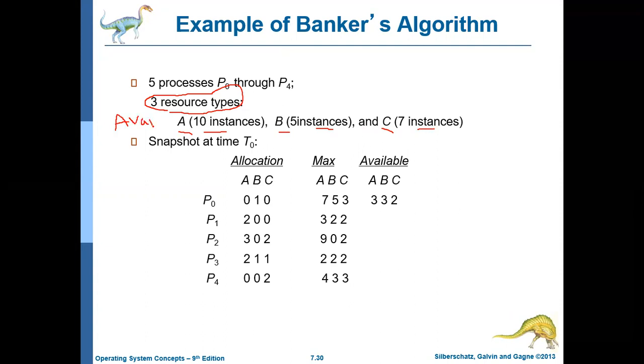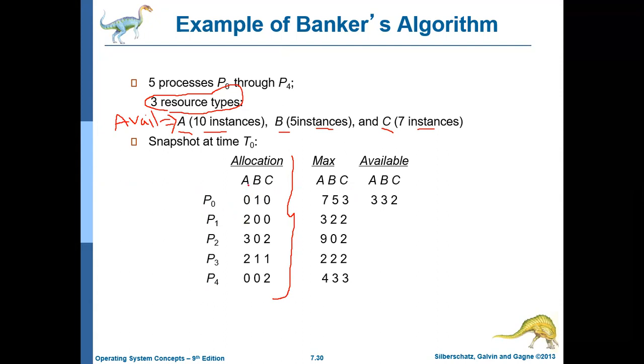We have discussed many data structures, and the first data structure is available. This is what the available data structure shows, how many resources are available with the operating system. And this is the allocation, showing how the resources are currently allocated to various processes. As we discussed, there are 5 processes P0 to P4. 0 instances of resource A, 1 instance of resource B, and 0 instances of resource C are allocated to P0.